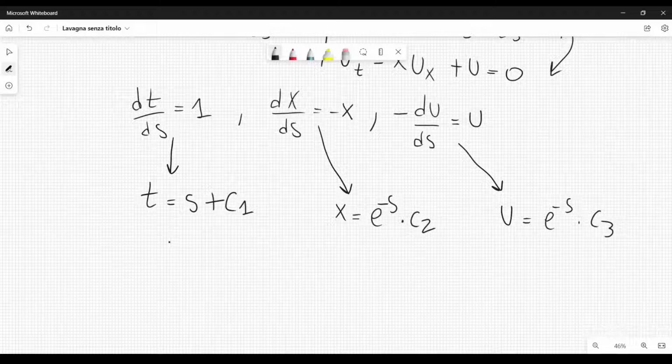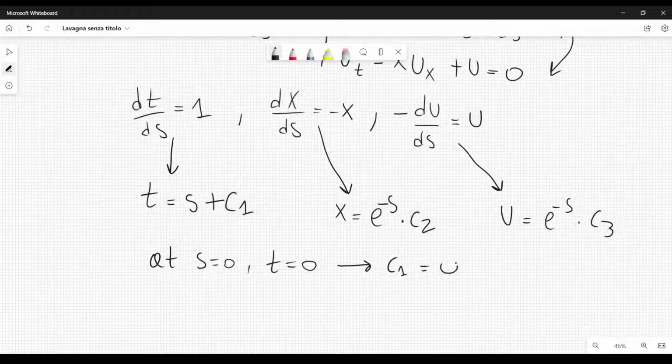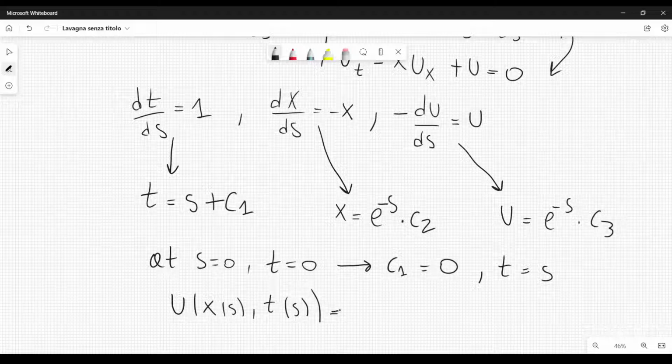Now we can choose an origin for the parameter s. In particular, we can choose s such that at s equal to 0, we get t equal to 0. This is just a choice, which means that c1 is equal to 0, and therefore t is equal to s. Now this means that u of x of s, t of s, is equal to e to the minus t times c3, which we see from here.